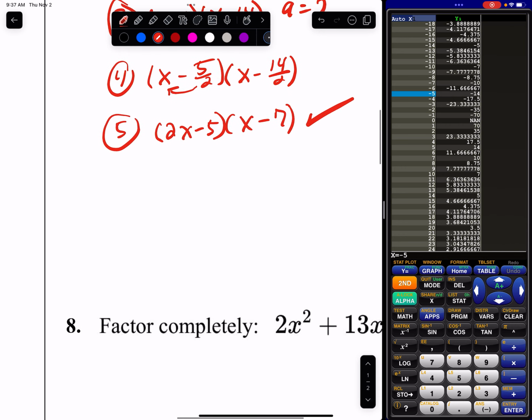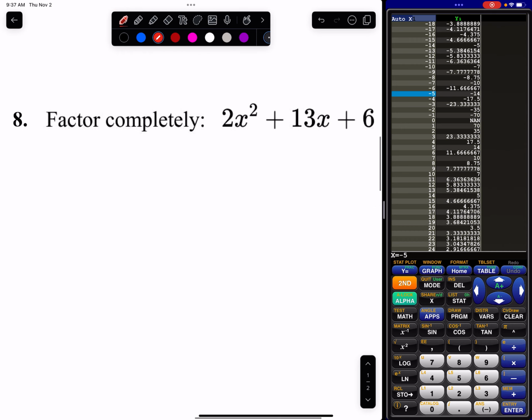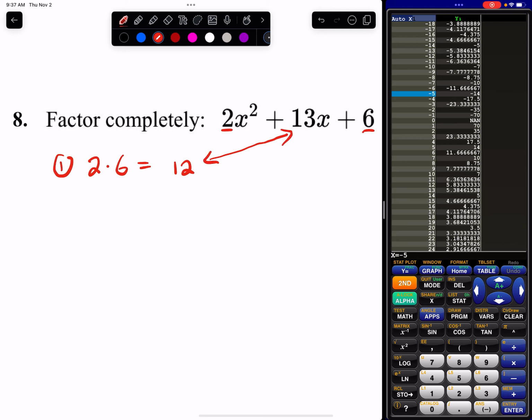Okay, last but not least, we have number 8, factor completely. This time, step 1, multiply the a and then the c value. So we've got 2 times 6 is 12. Now, remember, if they're 1 away from each other, 12 and 13, our factors are going to use 1 as a factor.